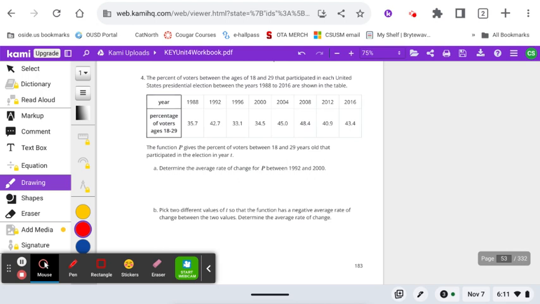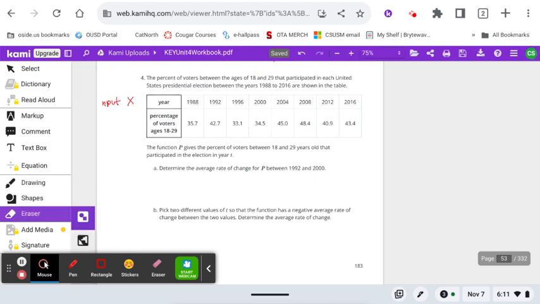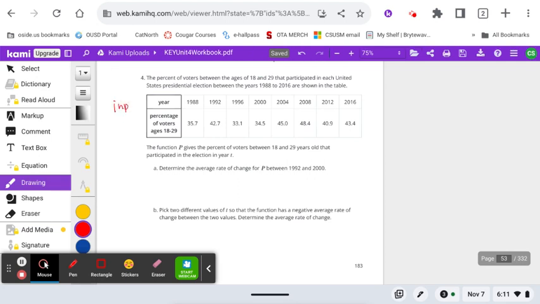The percent of voters between age 18 and 29 that participated in an election between 1988 to 2016. Function P gives the percent of voters who participated in the election in year T. So remember that when you've got a table that's horizontal like this, your inputs or your X values are on the top, and your Y's or outputs or f of x is along the bottom.